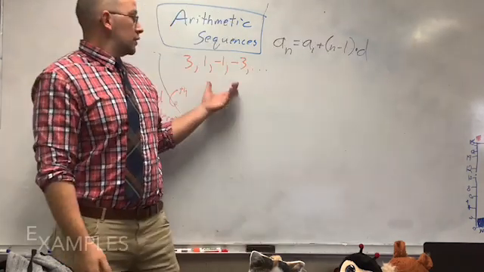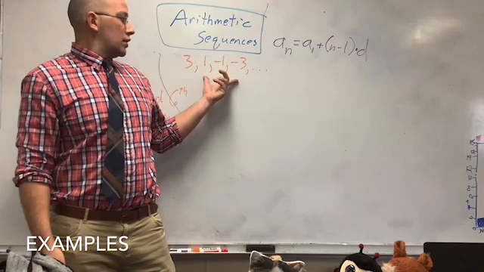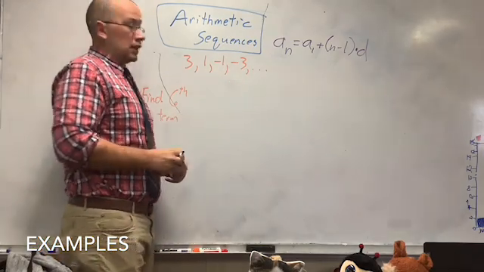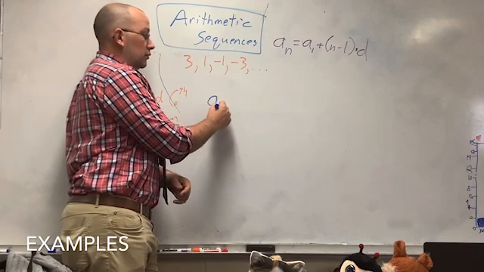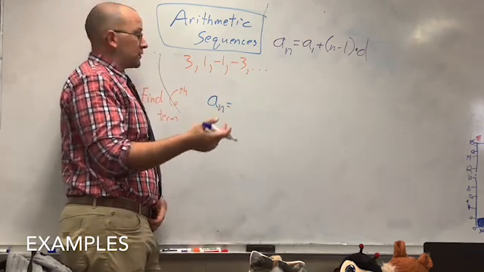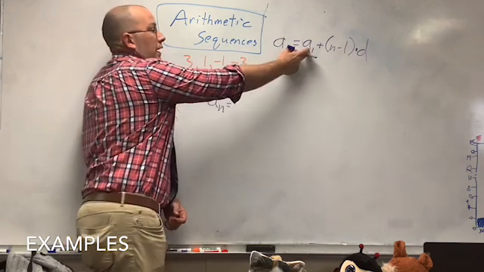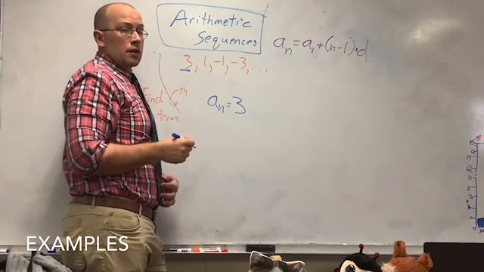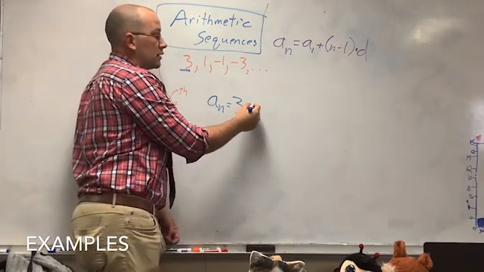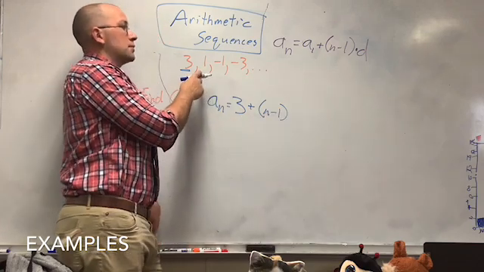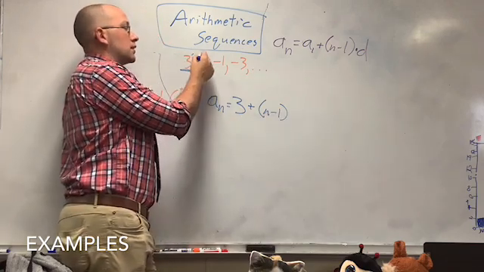All right, here's another example. We have our sequence of numbers here, and we're going to find the 6th term. So the first thing we're going to do is put everything that we know into our formula and simplify it. So my A1 is 3 because it's your very first term. Then n minus 1 times, what is my common difference here?